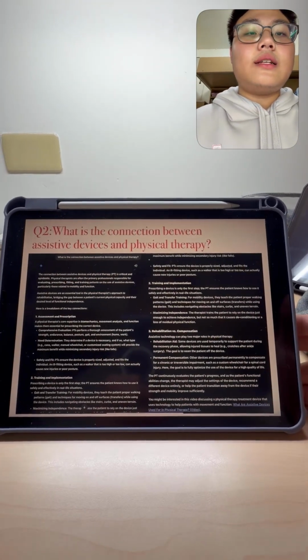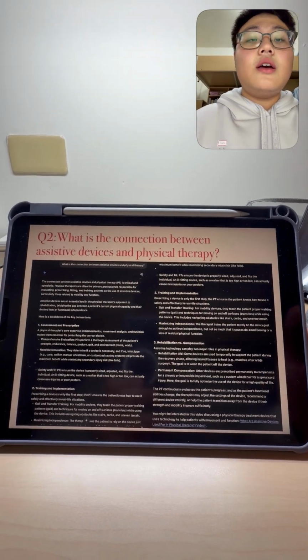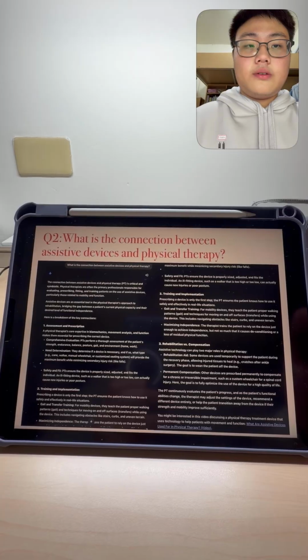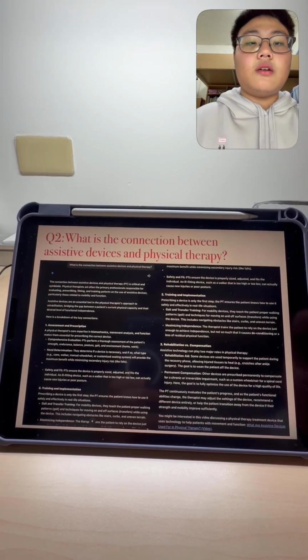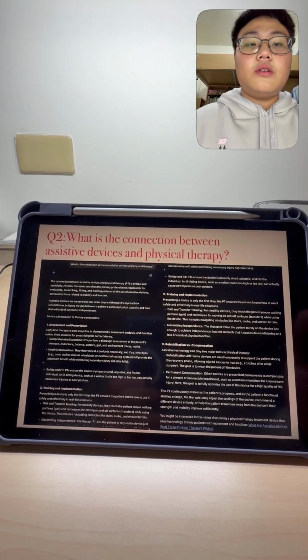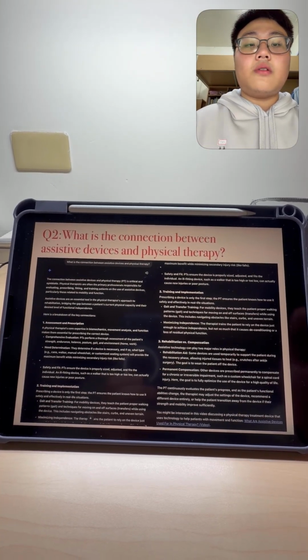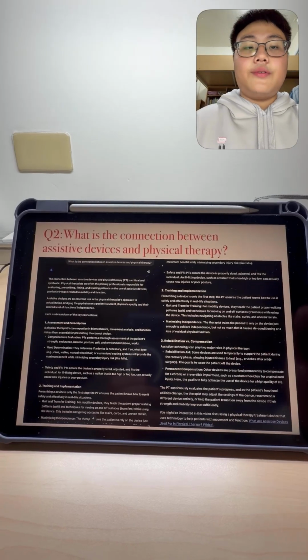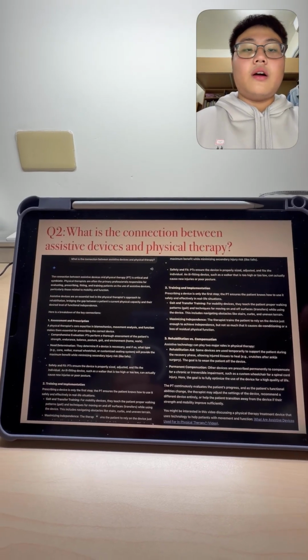The second major role is permanent compensation. Other devices are prescribed permanently to compensate for chronic or irreversible impairment, such as a custom wheelchair for a spinal cord injury. Here, the goal is to optimize the use of the device for a high quality of life.